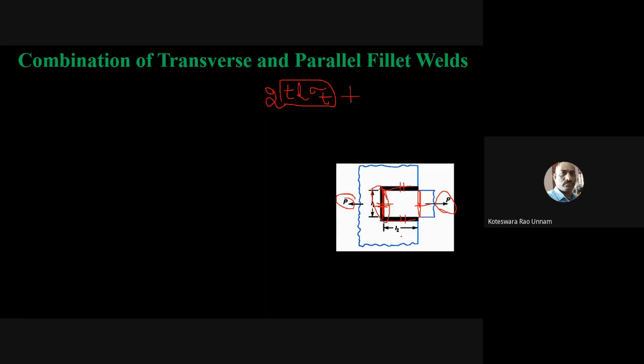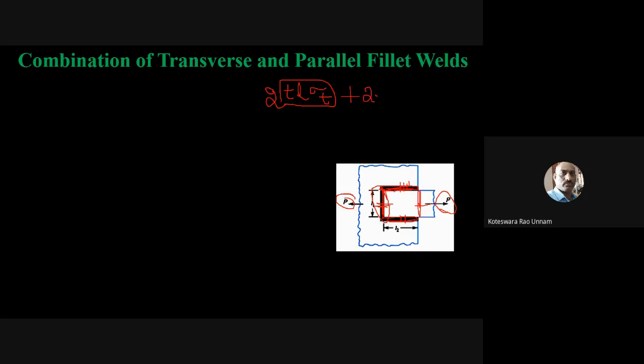Then plus, I need to estimate the load carrying capacity of this parallel fillet weld as well as the other parallel fillet weld. If the lengths of these two welds are the same, then similarly I take 2 times the strength of one weld. We know this parallel fillet weld is subjected to a shear stress.